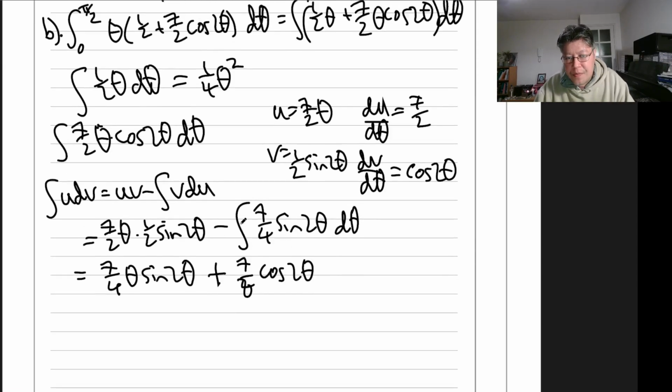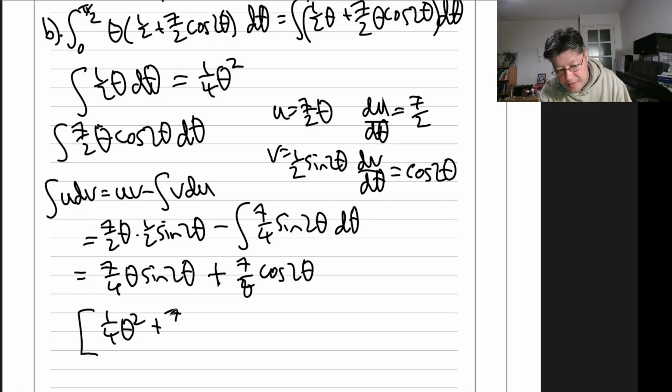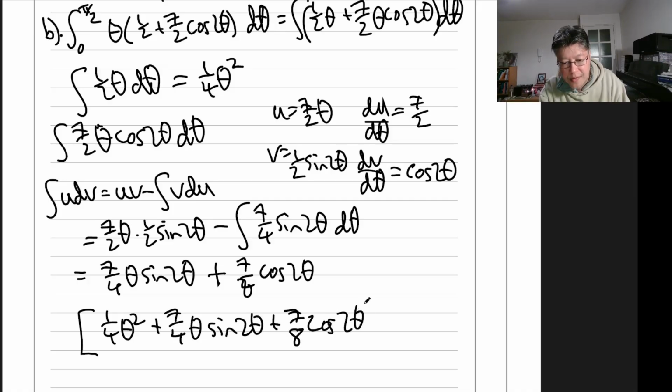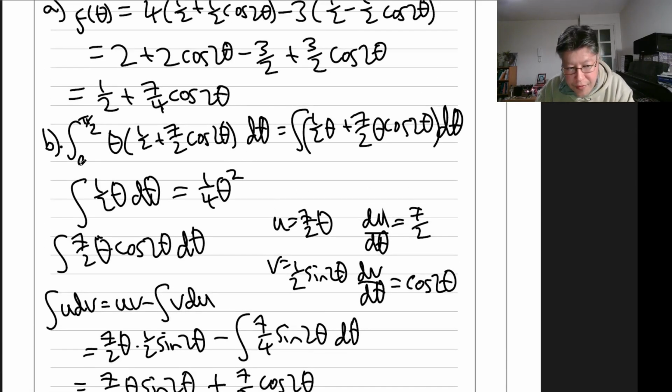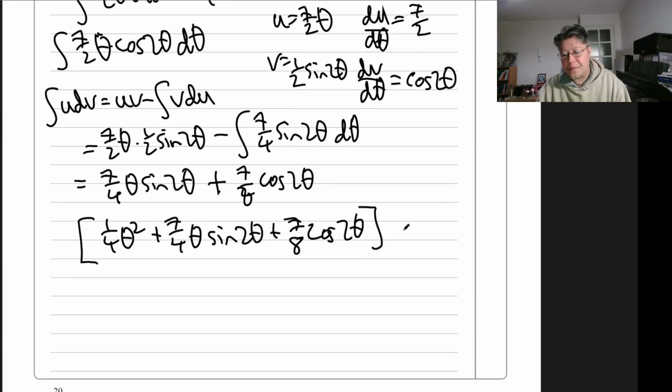So that's the integral, and we can combine this with the earlier integral that we had to get square brackets, a quarter theta squared, that's that one there, and plus all of this, so plus 7 over 4 theta sine 2 theta plus 7 over 8 cos 2 theta, and the limits are from 0 to pi over 2.